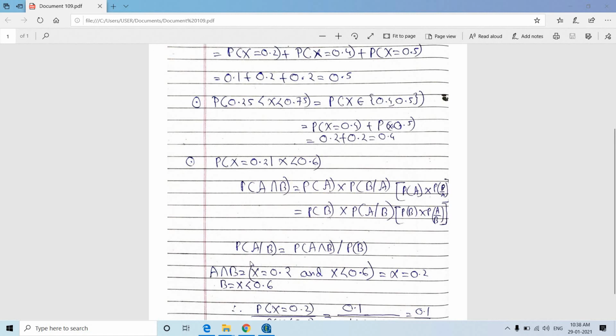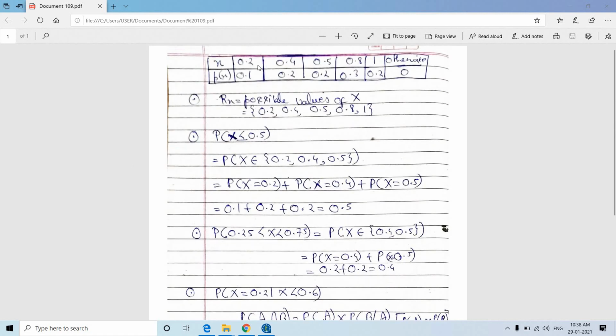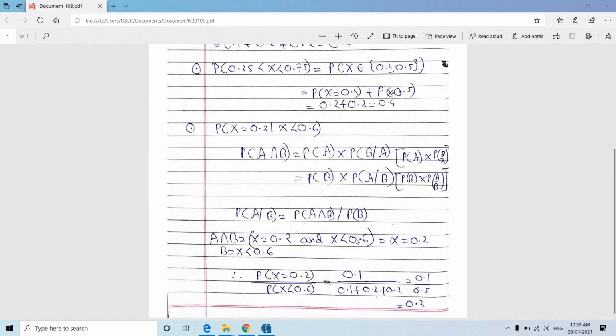So A intersection B: the random variable outcome is 0.2 and the random variable is less than 0.6. From the programming concept also, we can say the x values less than 0.6 are 0.2, 0.4, 0.5, and simultaneously x should be 0.2. So x equal to 0.2 and x less than 0.6 is obviously one possibility, x equal to 0.2. So P of A by B is P of x equal to 0.2 divided by P of x less than 0.6.